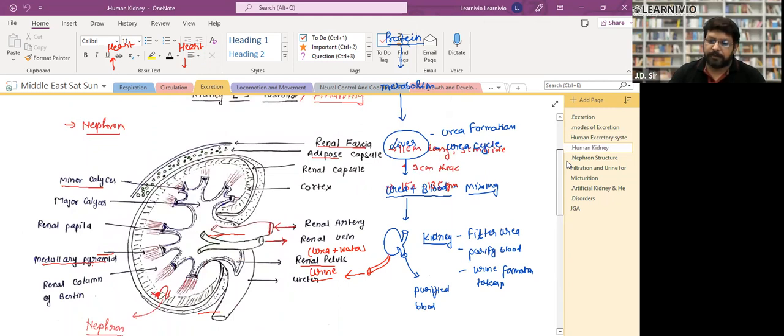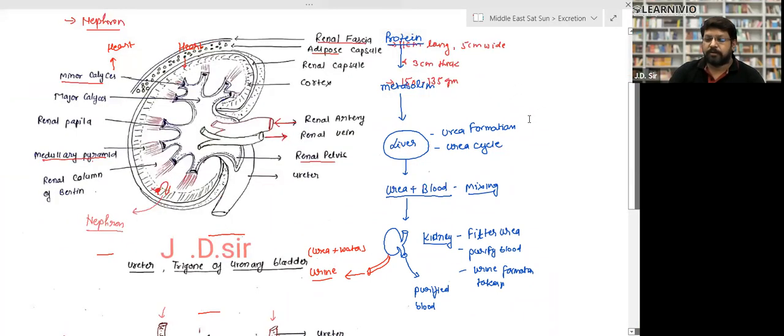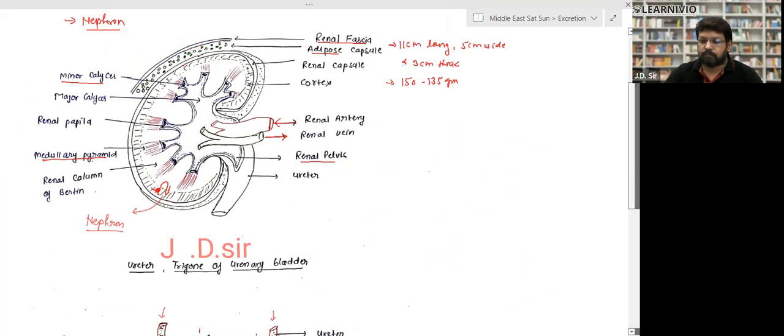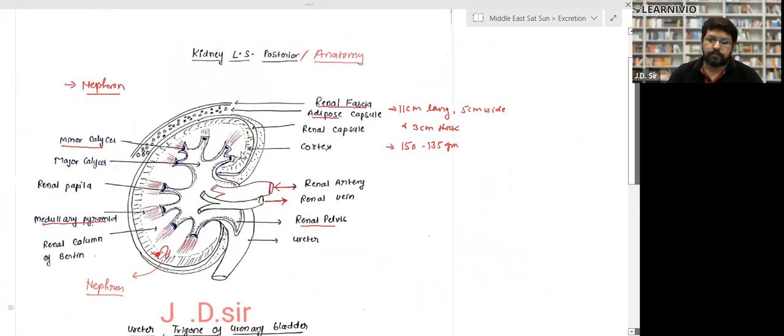This is the human kidney, and the human kidney is made up of this kind of structure. You need not go that deep, right? So you need not take the screenshot. I'm just telling you, this is a human kidney, right?